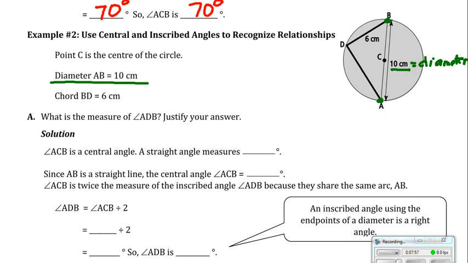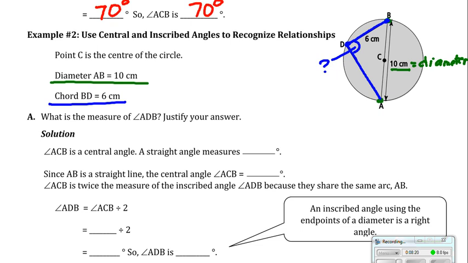We have a chord from B to D that is 6. And we want to know what is the measure of angle ADB. We want to know what this angle is.